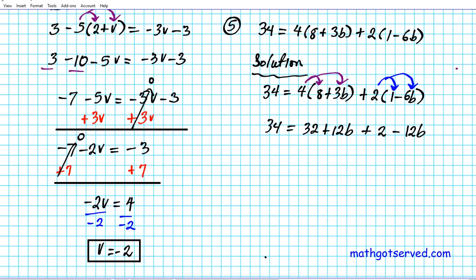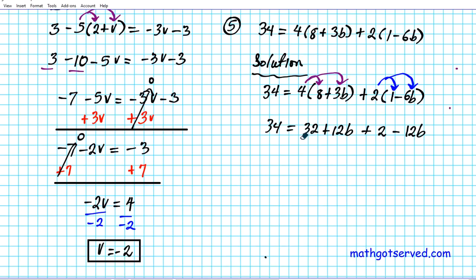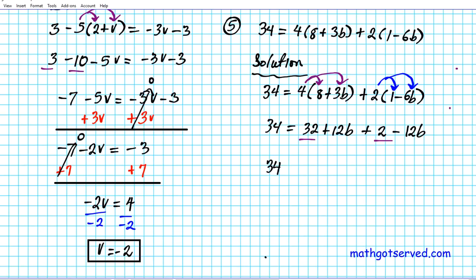Now that we've got rid of the parentheses, we're going to combine like terms. If you look at the right side of the equation, we have multiple like terms that can be combined. We have two constants here, 32 and 2, that can be combined. So let's go ahead and do that. 32 and 2, you're adding them, so you're going to have 34.